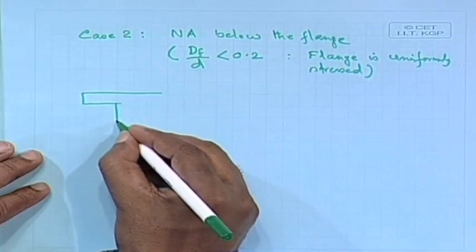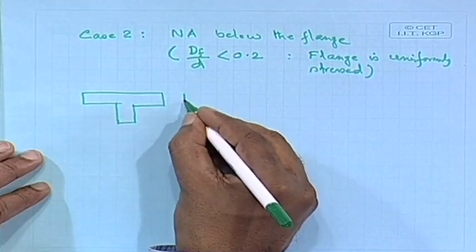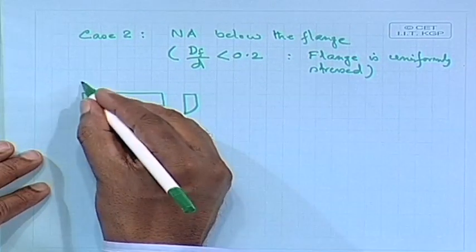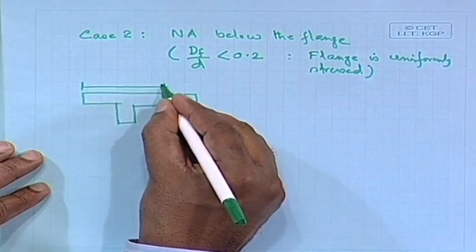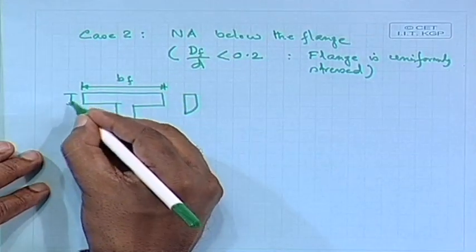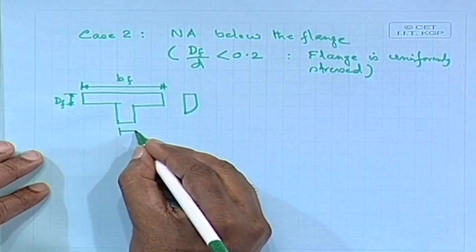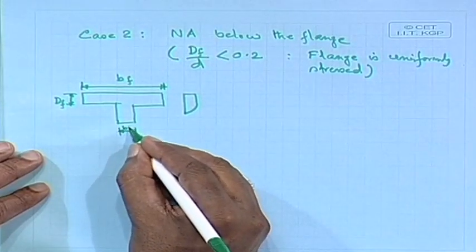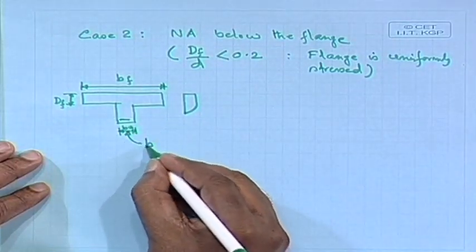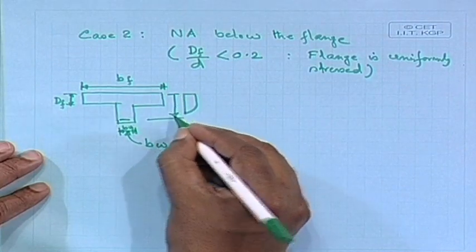Draw the figure once more. And bw, this is bw, and we have D.